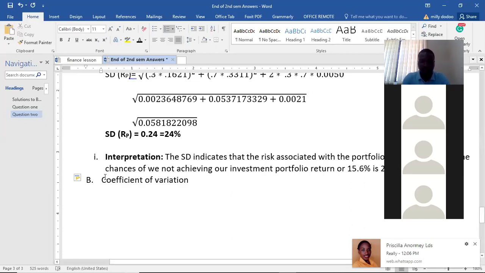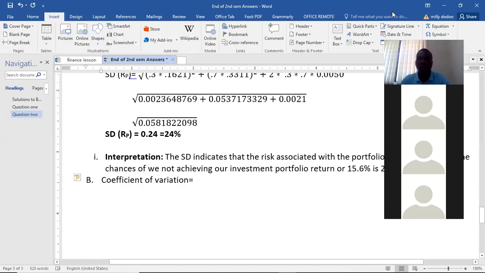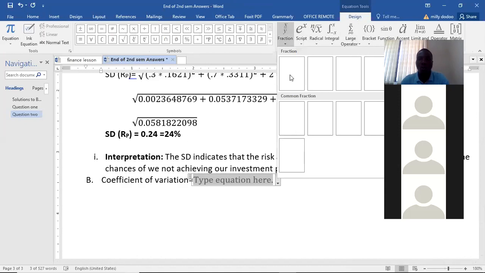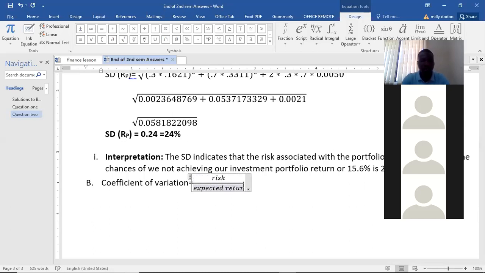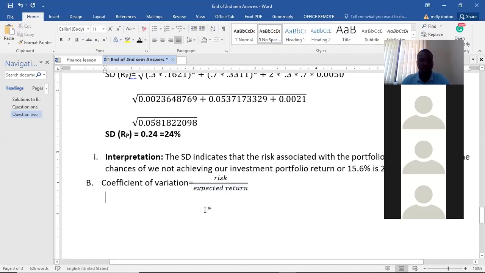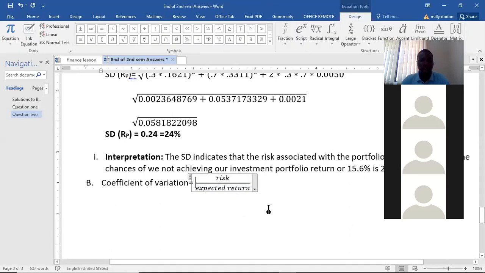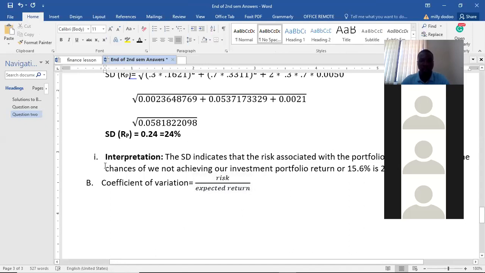So your coefficient of variation here is equal to the risk over your expected return.